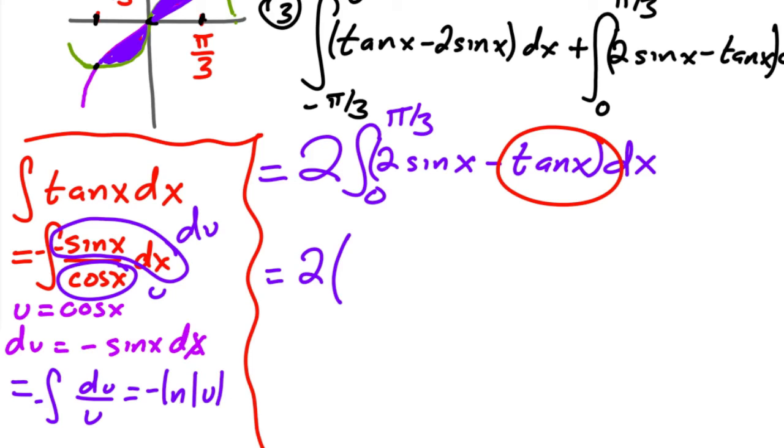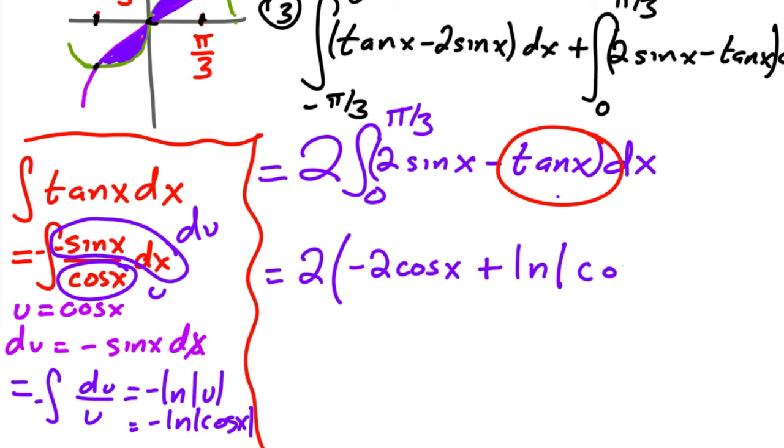Okay, so in other words, negative natural log absolute value of cosine of x. Okay, so this is what this red guy is going to be, the antiderivative. So here I have 2 times minus 2 cosine of x, and then the antiderivative of negative tangent of x, that's going to end up being plus natural log of cosine of x. And this is going to be evaluated from 0 to pi over 3.